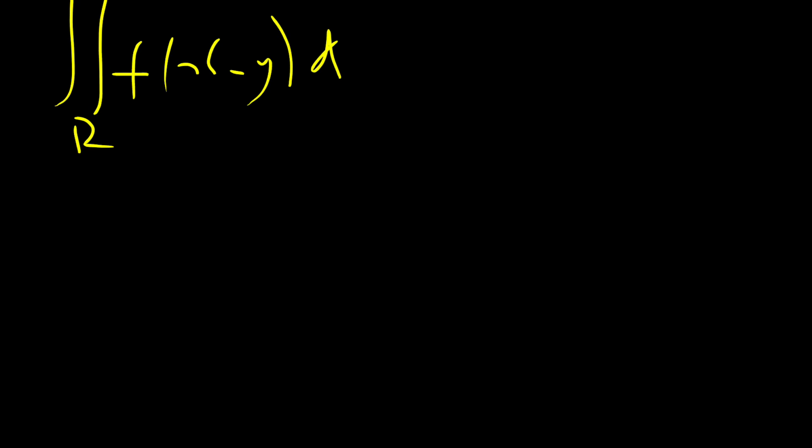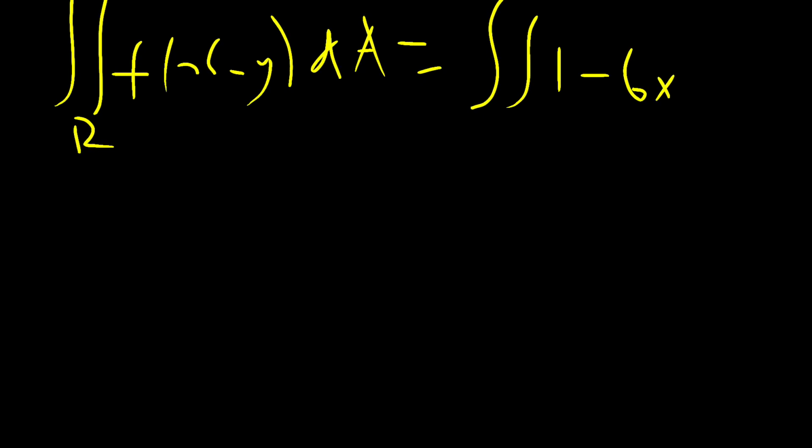If we want to get the area for this bounded region, we need to have this operation dA. Remember here what matters is the arrangement. So this is 1 minus 6x squared y.